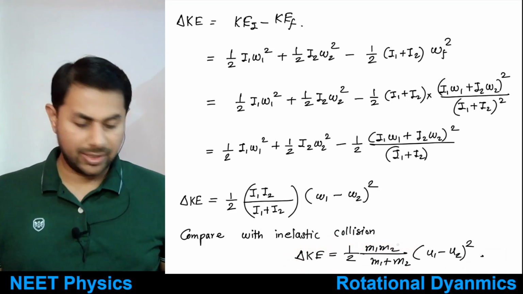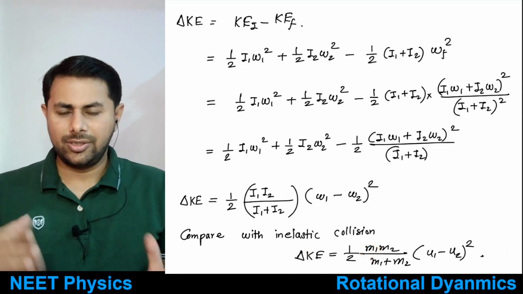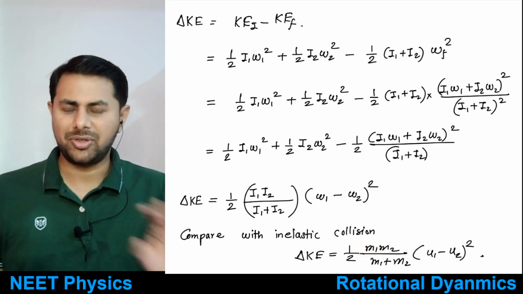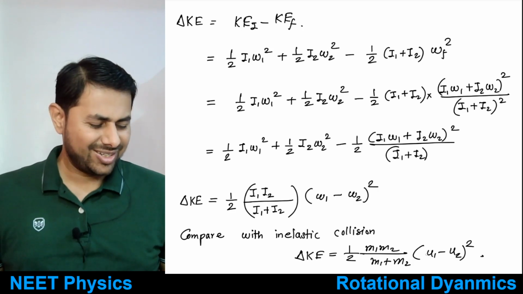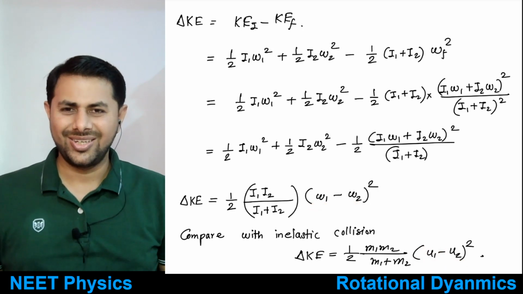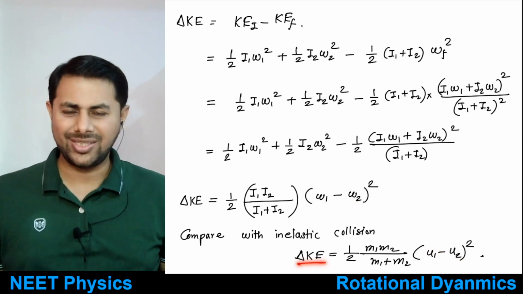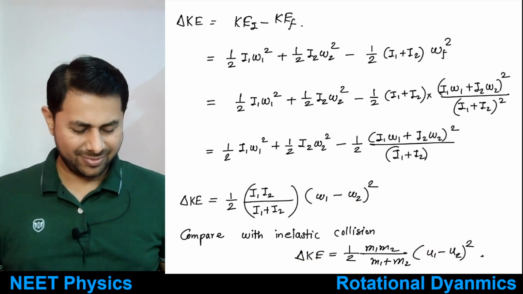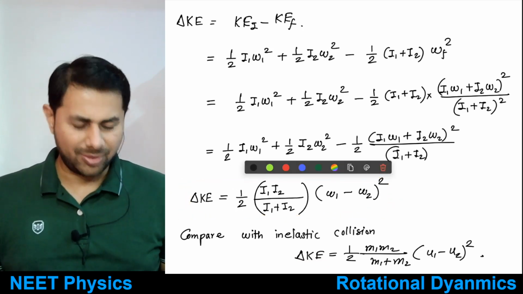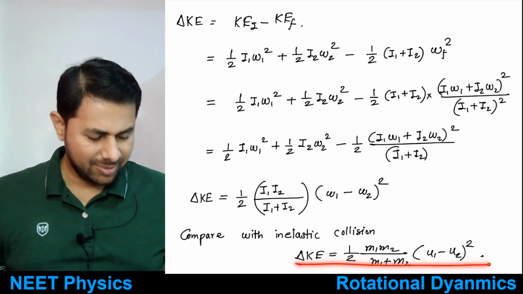So then you can say that just change masses of the bodies to moment of inertia, because this is rotational motion. Change velocities to angular velocities and you will get the formula for loss in kinetic energy. You can compare the two formulae and they are similar.